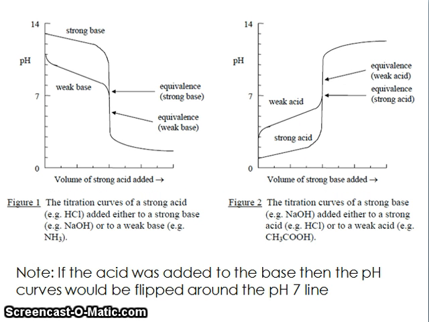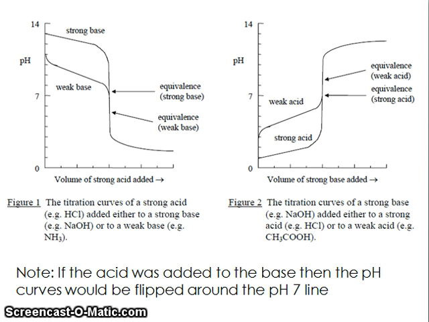So here we have two graphs: on the left hand side we're adding strong acid, and on the right hand side we're adding strong base. If you look at figure 1 where we're adding strong acid, there are two lines on there. The first one is where you're adding strong acid to a strong base, so you're starting off with a high pH, at pH 13.